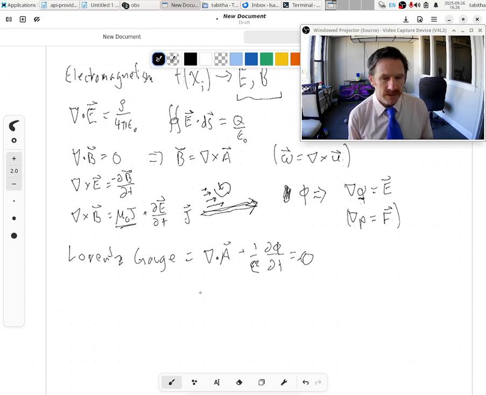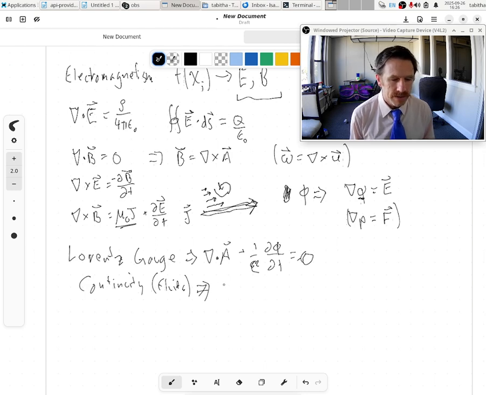And we have a continuity equation for fluids, which is just a very simple idea.